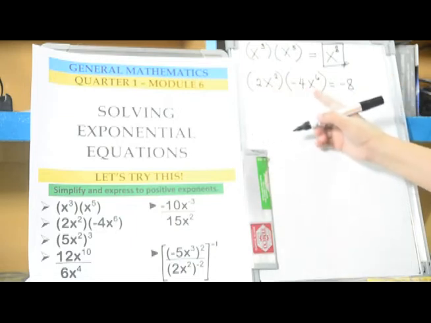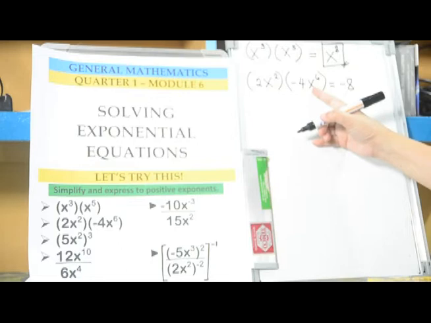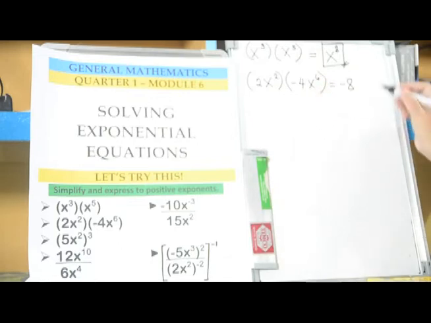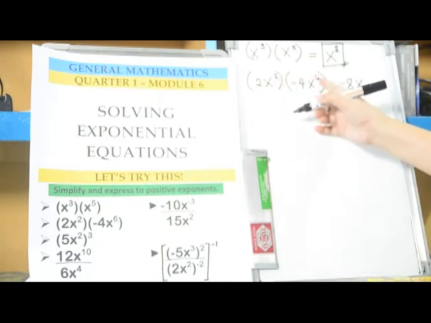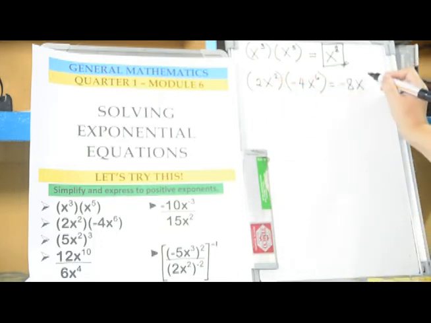And then the variable base, which is x squared, multiplied by x to the power of 6. So you simply add the 2 and 6, raised to the power of 8. So you've got the answer, negative 8x raised to the power of 8.